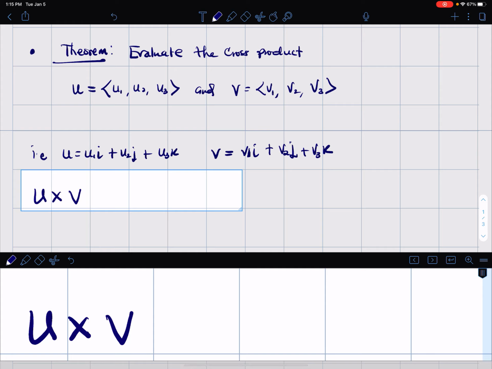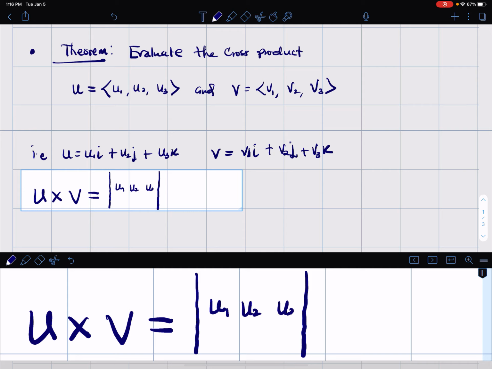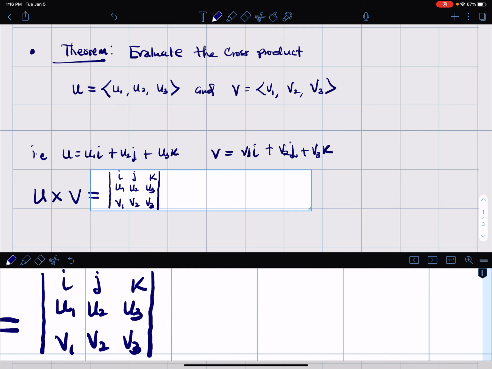U cross V is actually the determinant of, let's start with the second row, we write U1, U2, U3. The third row, V1, V2, V3. And then the first row, we have i, j, k. Remember i, j, k, the unit component vectors.